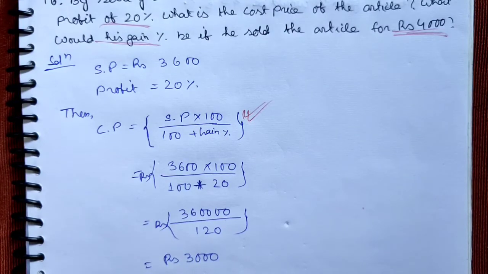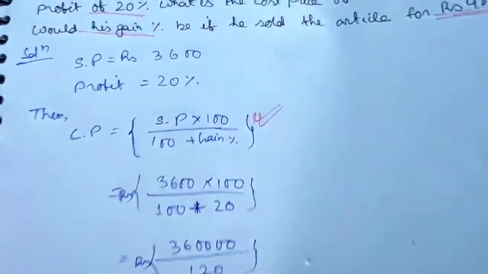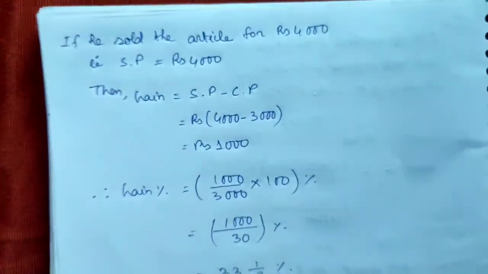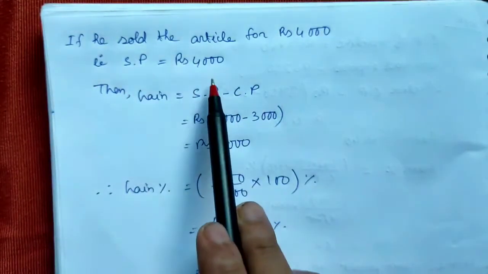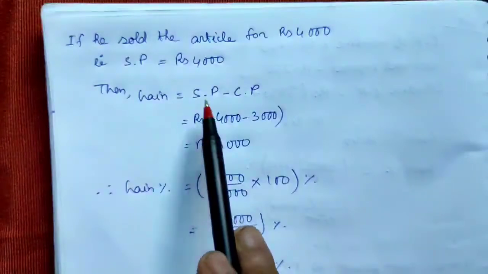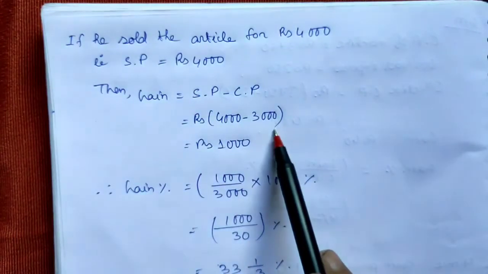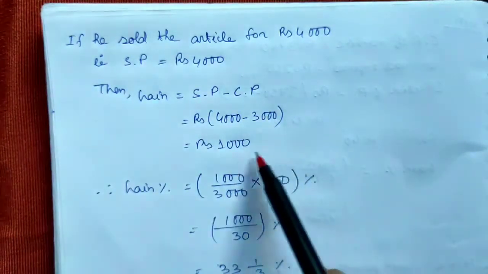Now we have to find 1,000 in percentage. Look, if he sold the article for 4,000, then SP is 4,000. Then gain is SP minus CP, 4,000 minus 3,000, 1,000, as I told you earlier.